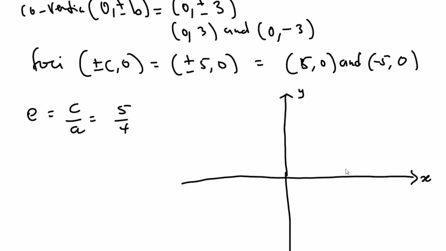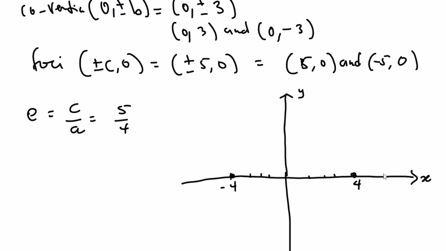So if we have 1, 2, 3, 4, you have 4 here, and another 4 here, and this is the negative side. We have the vertices here, and the foci were negative 5 and 5.